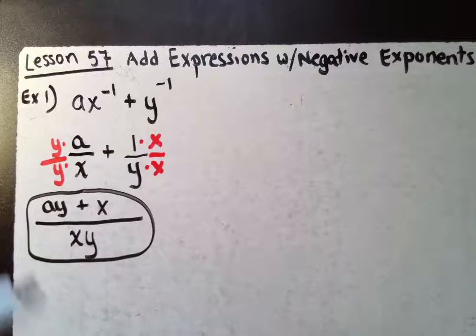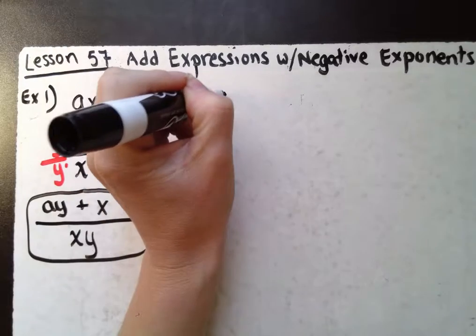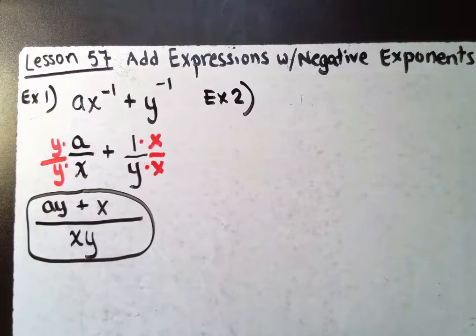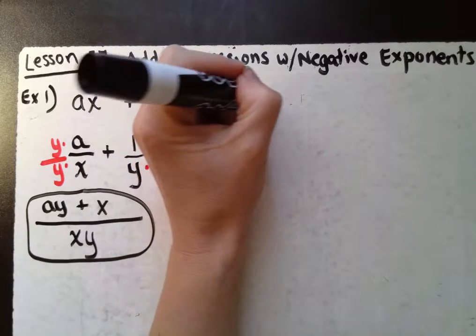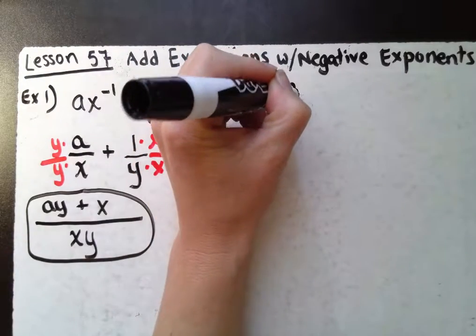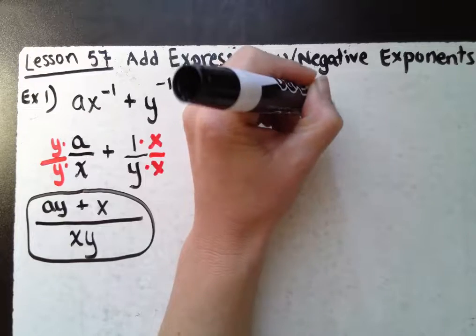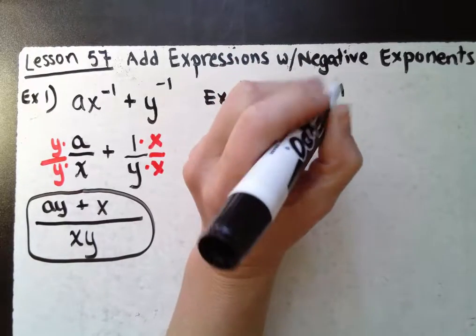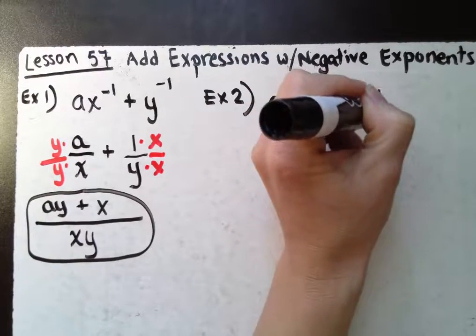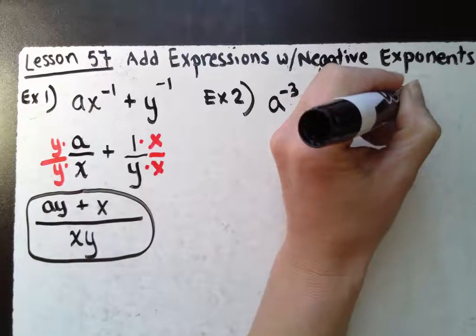Let's do some more examples. So for the next example, let's do a to the negative third power x times y to the negative first minus b x to the negative second.